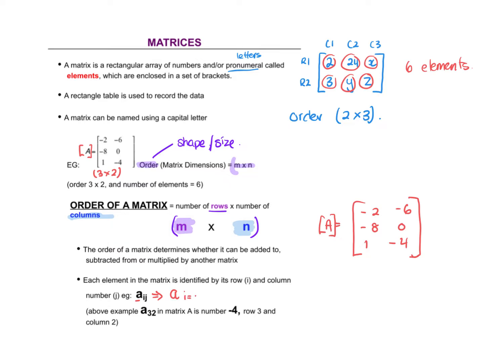So i equals the row number they want you to go to, and j indicates the column number. For this example, when they said a32, they want you to go to row 3 and column 2. In this matrix A, row 3 is along here, and column 2 is along there. So you can say that -4 is the one they're after.